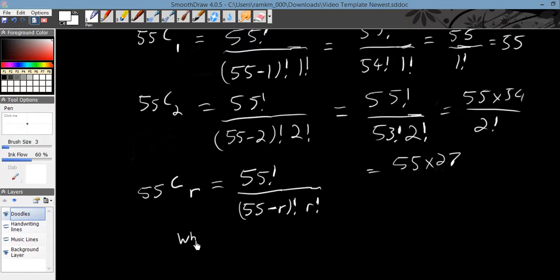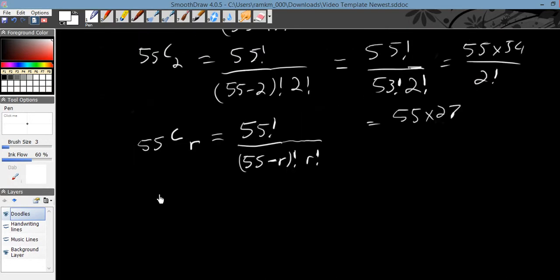So when r equals 1, the denominator is going to be 55 minus 1 factorial times 1 factorial.